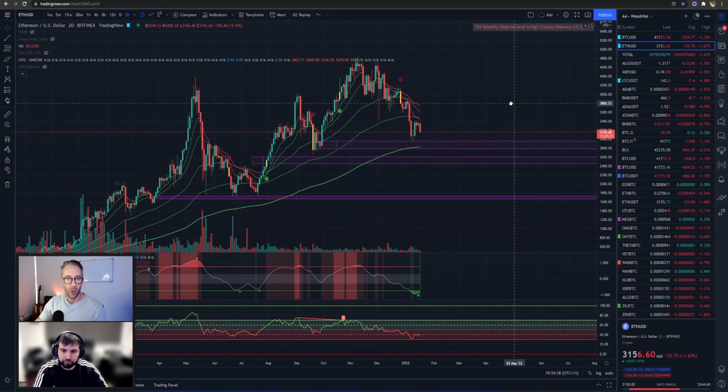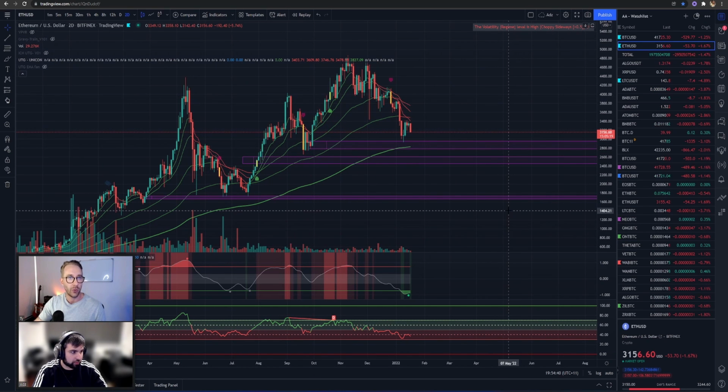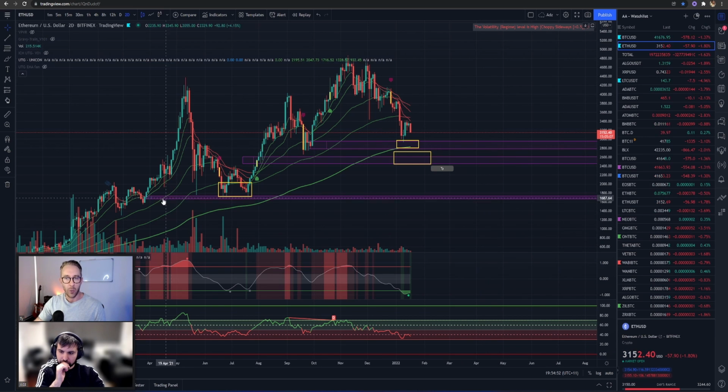And in times where we have blasted through a significant moving average on the 2-day, I would perhaps look to see this sort of movement if we blasted below our 200 moving average. So that would be this level here, which in my opinion would be kind of the last line of defense for Ethereum.